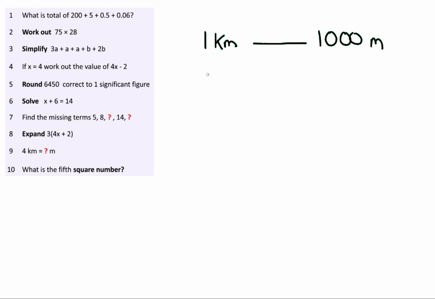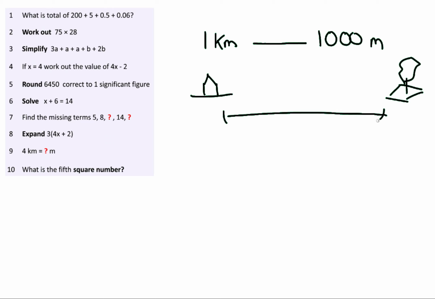For example, if this is your house and this is the park, and there is 1 kilometer from here to here, in 1 kilometer there are 1000 meters. So from kilometers to meters I have to multiply by 1000.